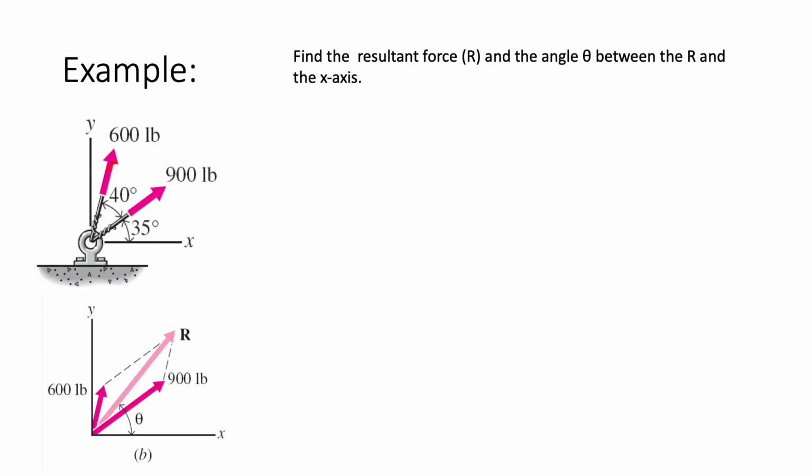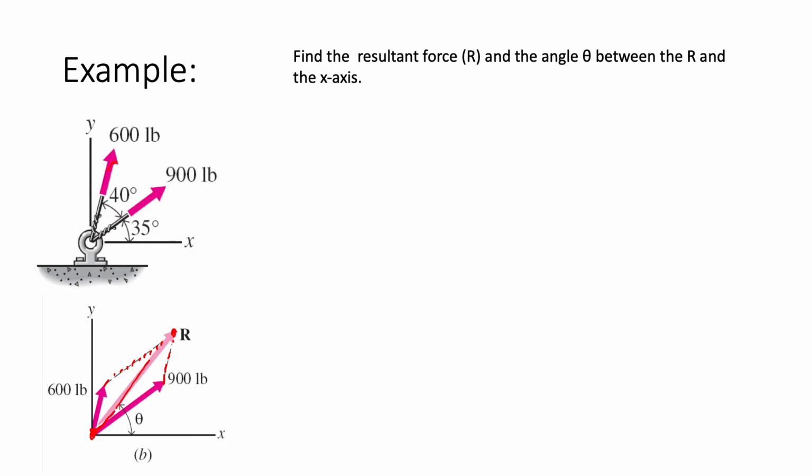Now we can redraw this. We can just draw a parallel line here, parallel with the other force, and also a parallel line here, and then at the intersection, we can draw the resultant vector from the tail of the two vectors to the intersection of the parallel lines.